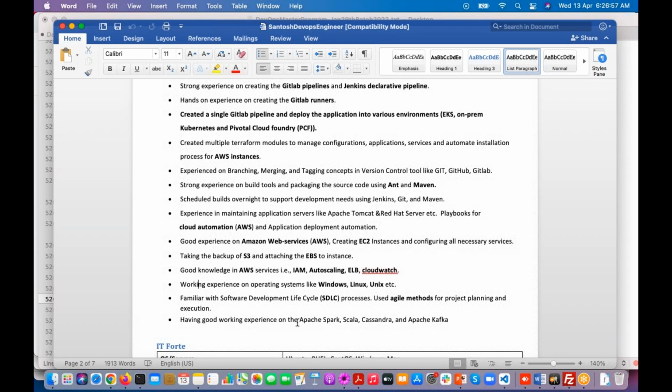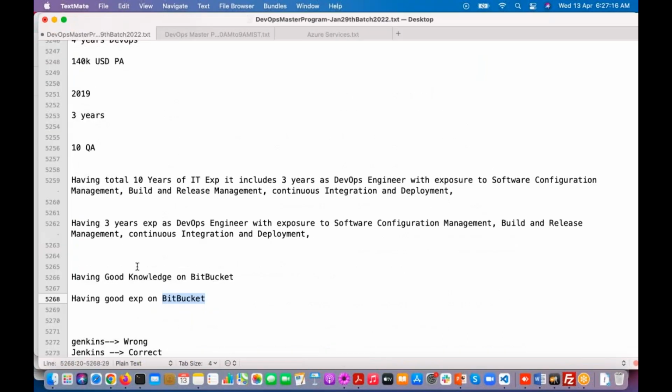Good working experience on Apache Spark, Scala, Cassandra, and Apache Kafka. See, he is clearly mentioning experience or knowledge. Sometimes you are going to get that JD from the HR.